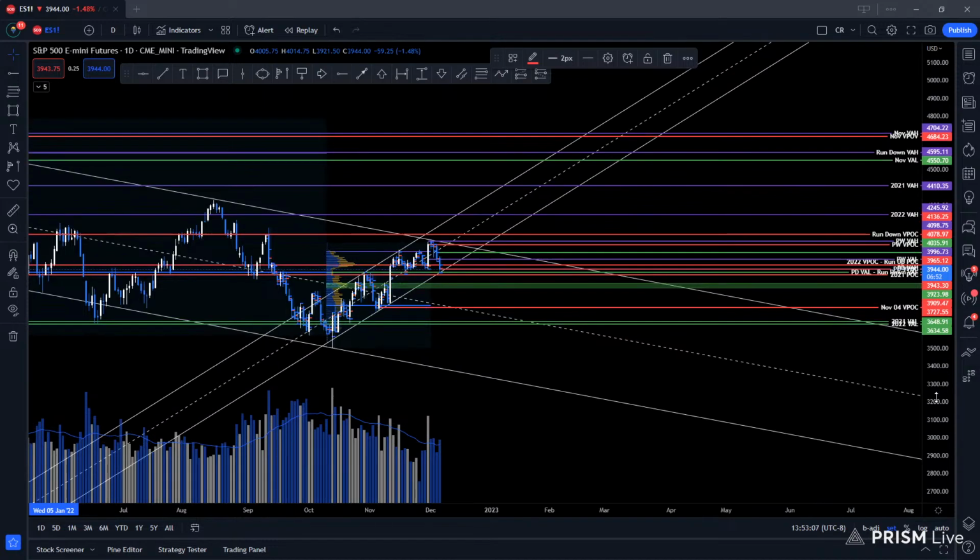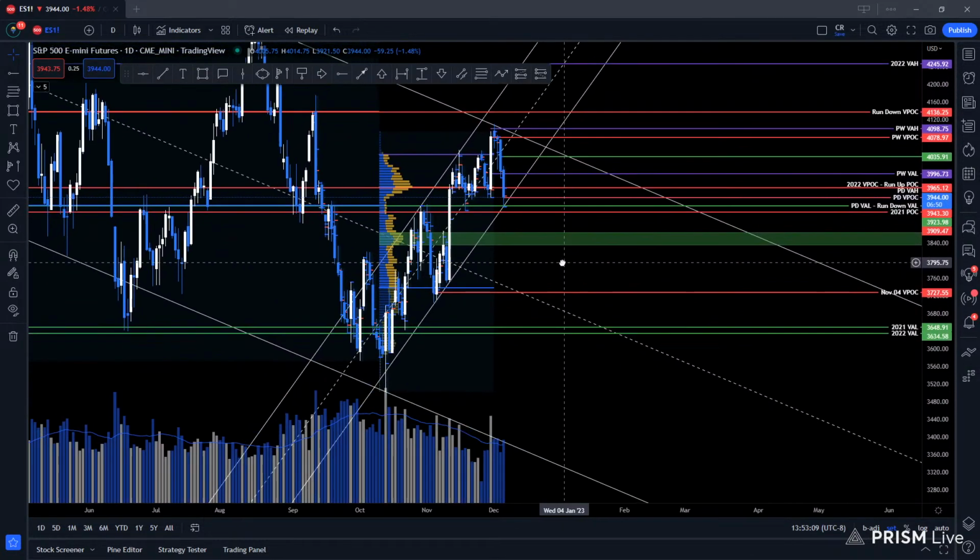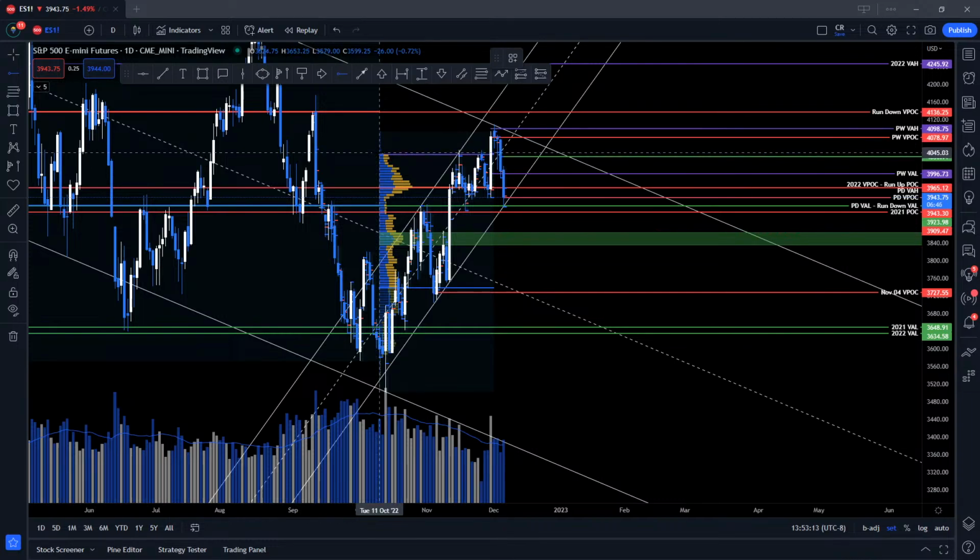Now I need to grab my value area high. What is this level here? Strange.